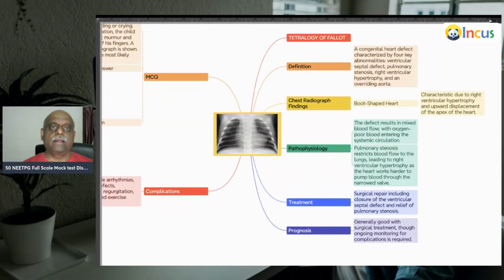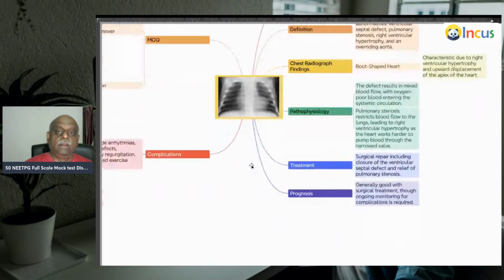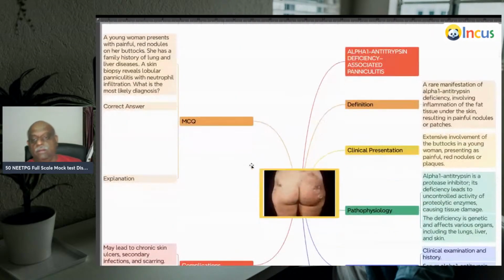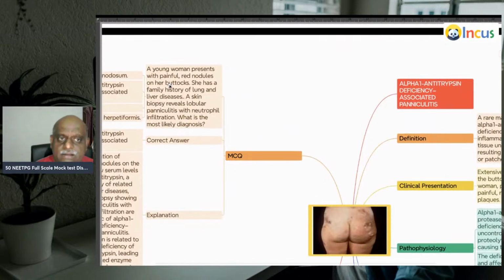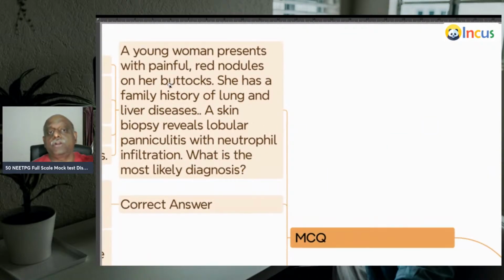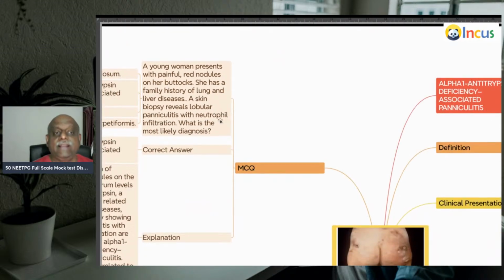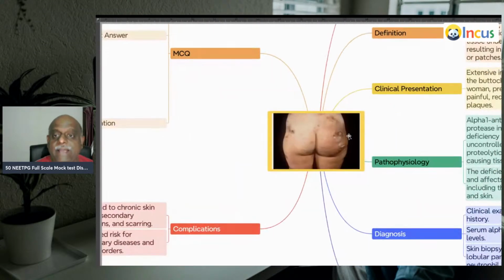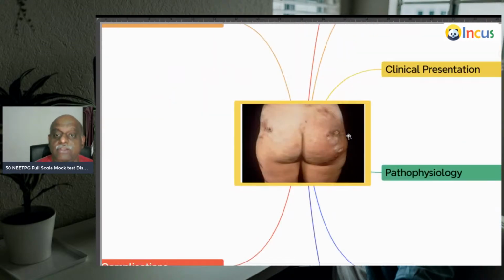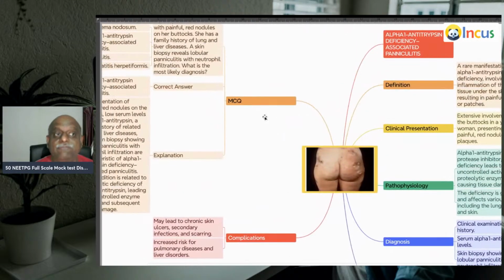Let's go to the next question. Now, a young woman has painful red nodules on her buttocks. She has a family history of lung and liver disease. There is a panniculitis with neutrophilic infiltration.